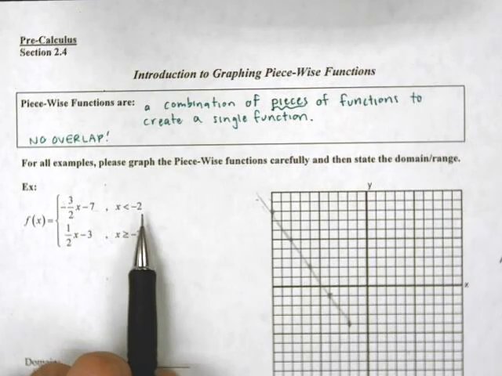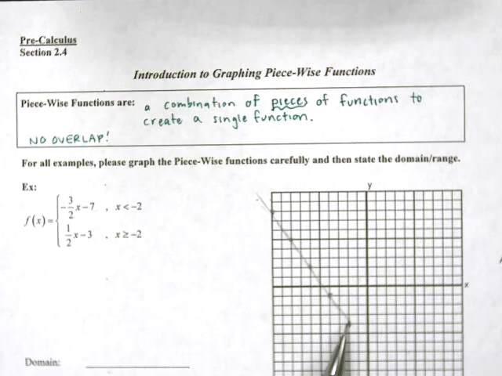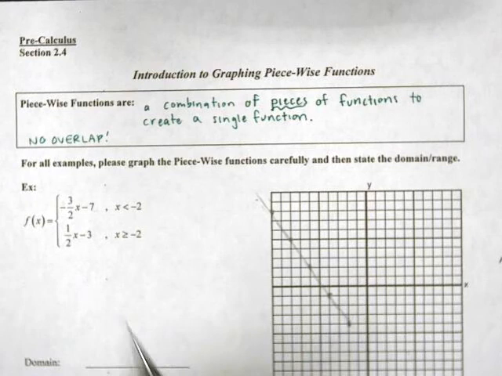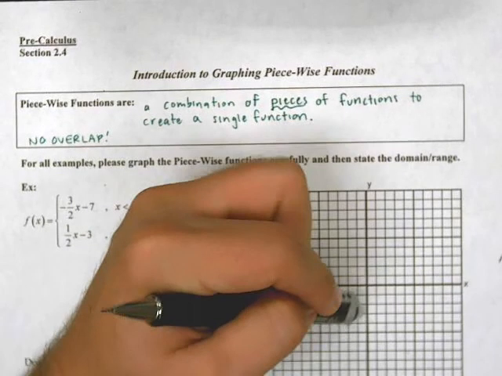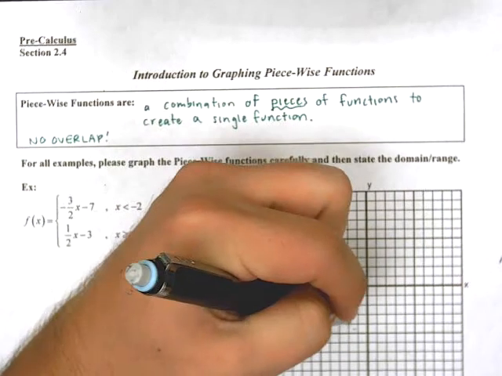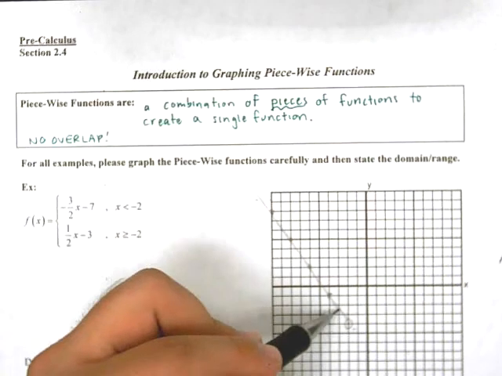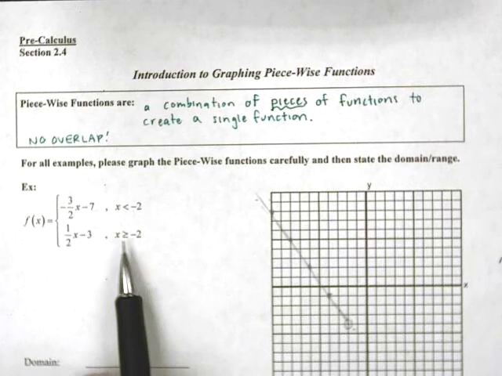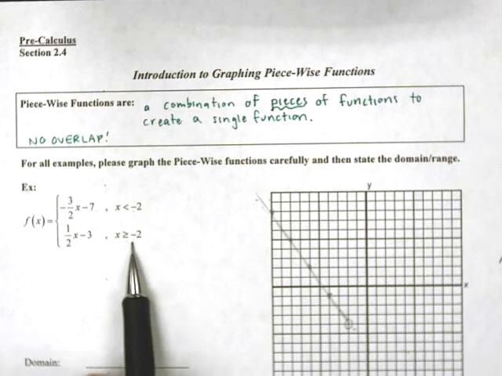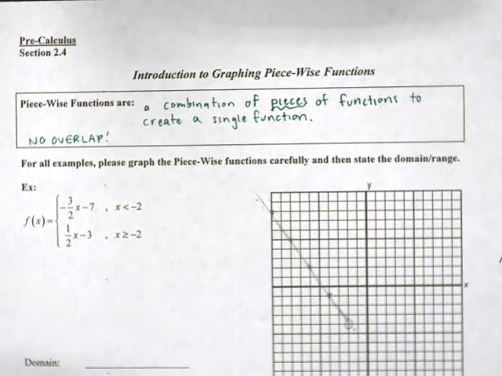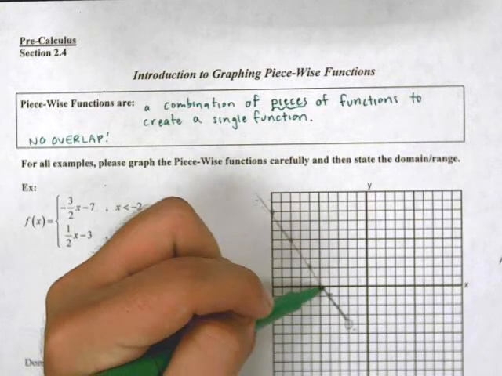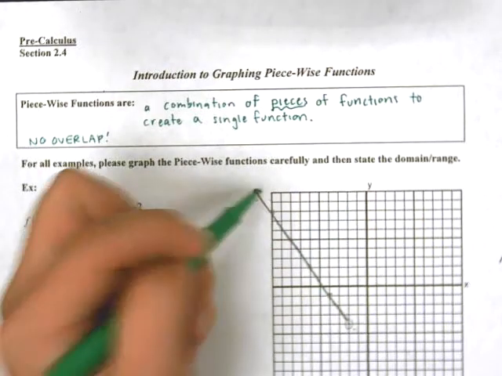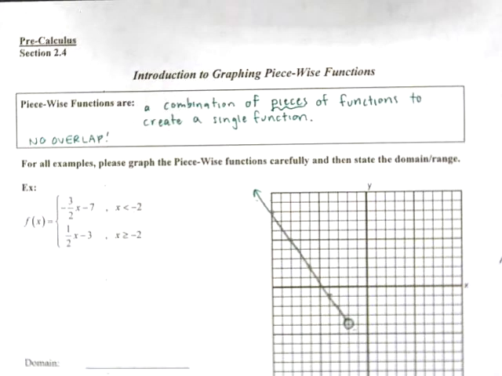If x is less than -2, is this point occurring? No, it is not. We need to erase this point as well. We need to make this an open bubble. And why is that? Because when x is actually -2, it's going to use the other function. All right? So now that we have the shape sketched, we're going to finish up by making that darker. All right?